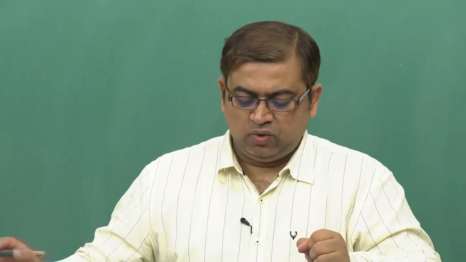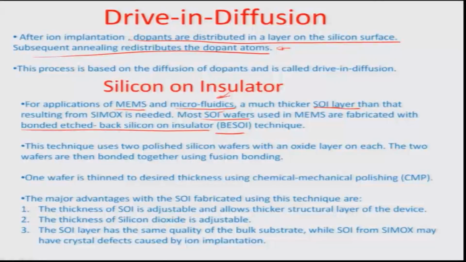Okay, so we call it the BESOI technique, in order to produce such silicon on insulators. The technique uses two polished silicon wafers with an oxide layer on each. The two wafers are then bonded together using fusion bonding, and one wafer is thinned to the desired thickness by chemical mechanical polishing, so that the handle layer can be thicker.